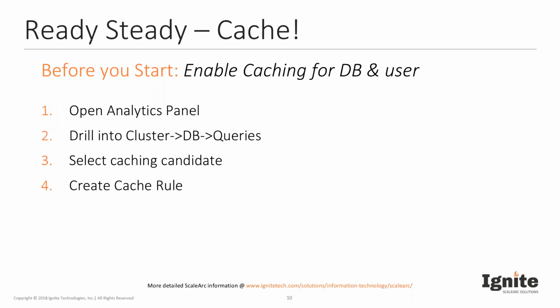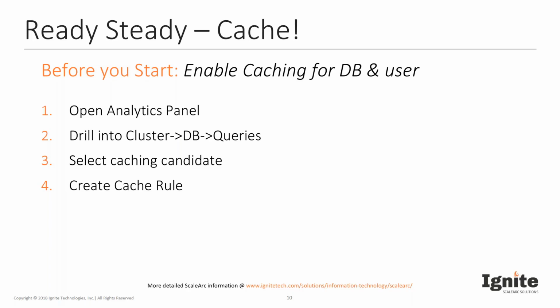So with no further ado, let me begin the actual part of the demo, where I'm going to guide you through this section, where we will set up a simple cache rule at the beginning. Then we're going to dive a little bit deeper into a few other aspects of caching. But for the beginning, one thing that you need to bear in mind: you need to enable caching for your particular database for the user.